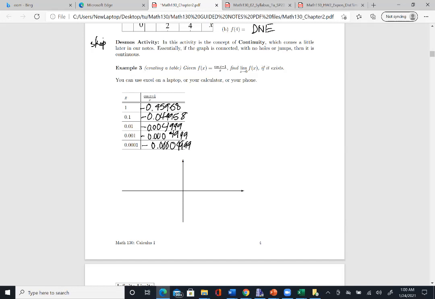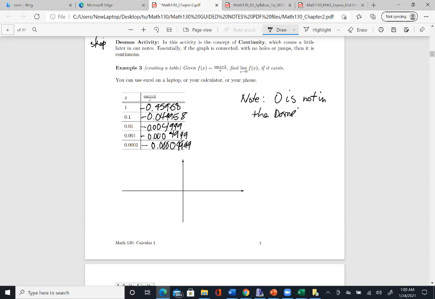And you can say that note 0 is not in the domain, because if you have x equals 0, then this rational expression will be undefined. Okay, so f(x).